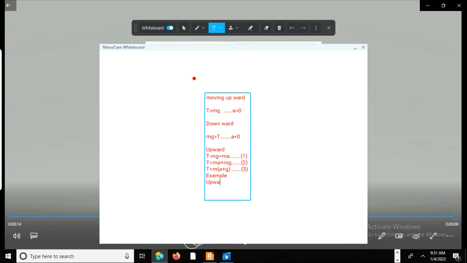You can say that, for example, upward acceleration A equal to 2 meter per second squared, and M equals 5 kilogram.